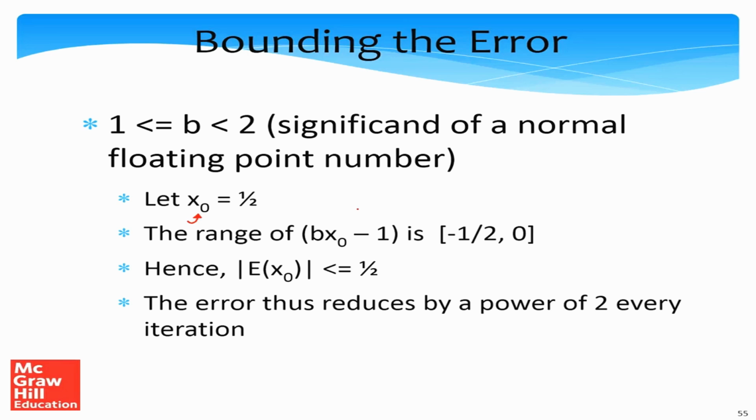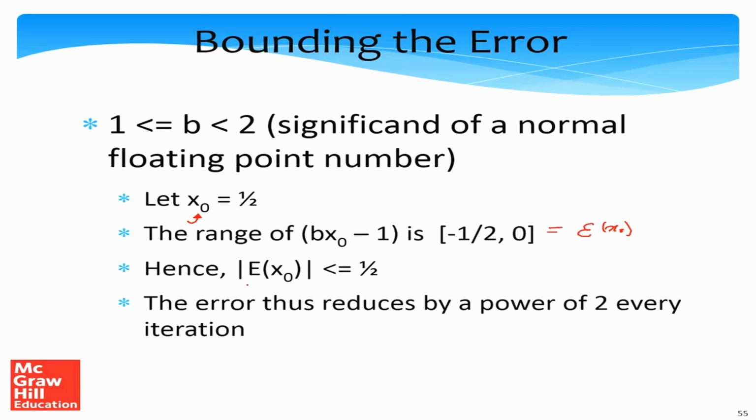So what is the range of b x0 minus 1? B is between 1 and 2, so the range will be between minus half and 0. That will be the range of b x0 minus 1, which is the error at point x0. So hence the error at point x0 is always less than or equal to half.